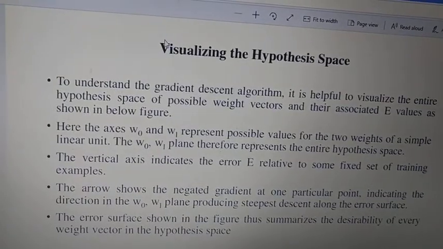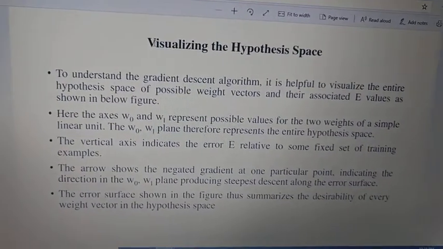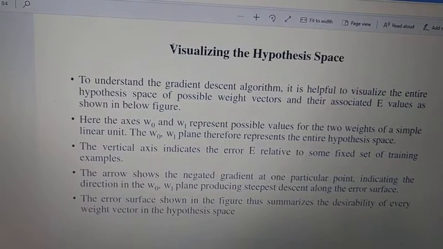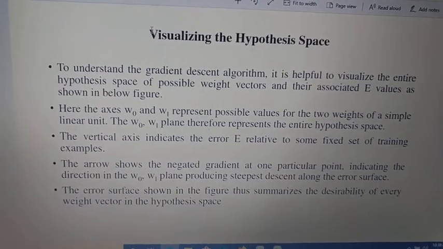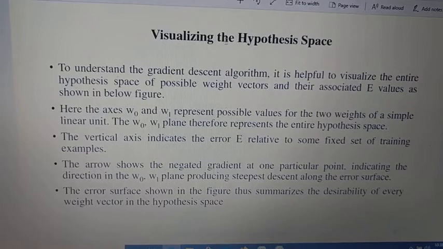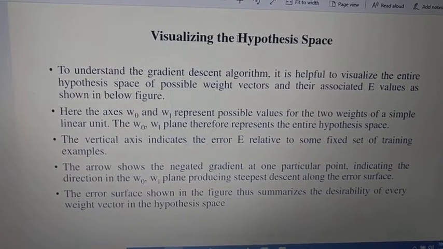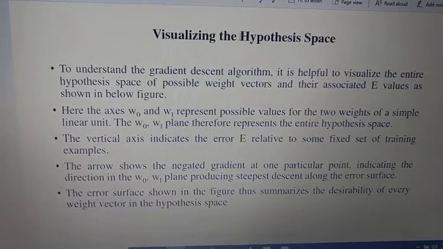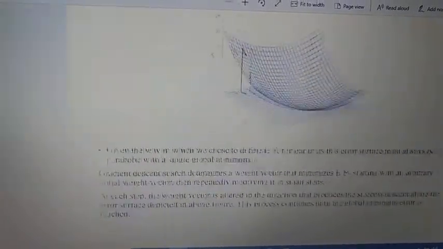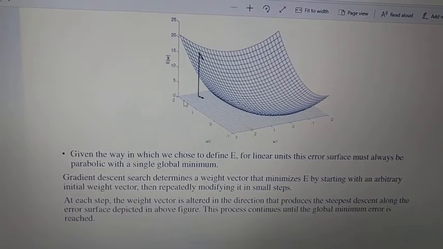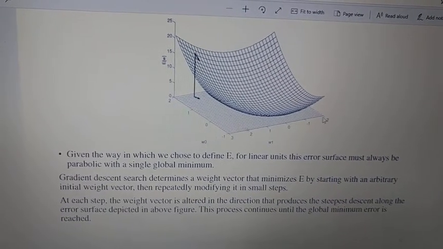So visualizing the hypothesis space, I'll just revise it again. Here we need to understand what a hypothesis space is. As I earlier told, a hypothesis space is a collection of many such hypotheses, or a collection of many predicted values. So this is our hypothesis space where we have axes of W0 and W1 weights we have considered.